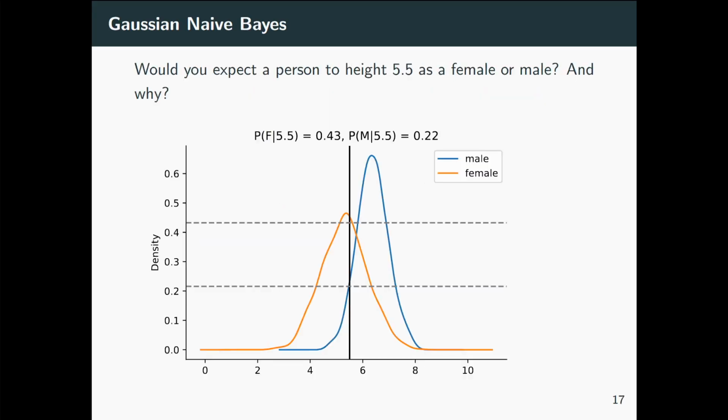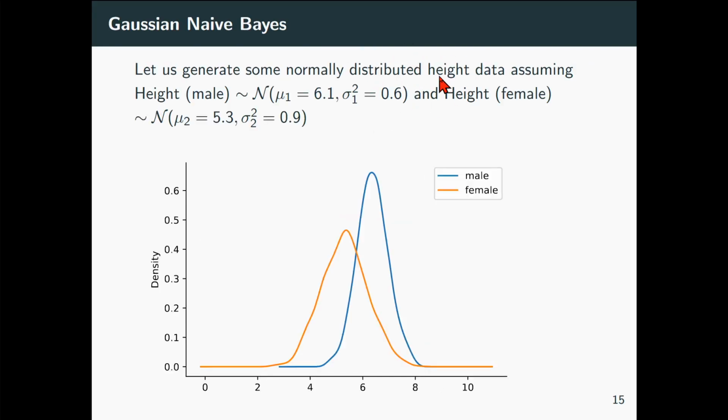Coming back to the density plots, think of them as a more refined version of the histograms that you've been accustomed to drawing. So a natural question that you will want to answer is: given a new person and their height, let's say 5.5, would you classify them as a female or male? Let's go back to this, somewhere around 5.5.